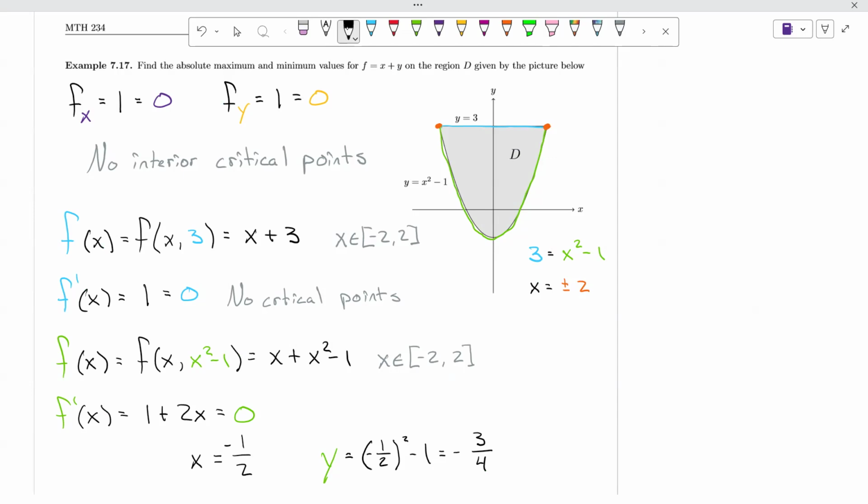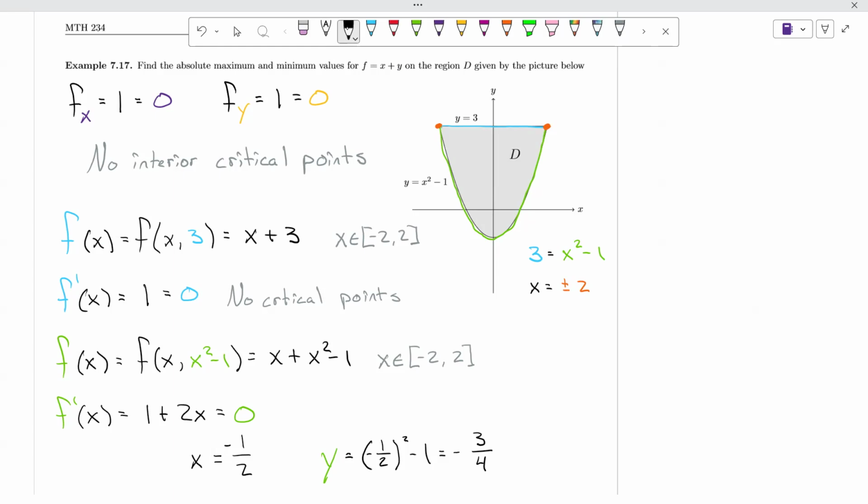Then my region D is the shaded gray region there on the inside of that parabola. So my boundary is made up of 2 separate curves, the green one and the blue one: y equals 3 and y equals x squared minus 1. Those are my 2 boundary curves.